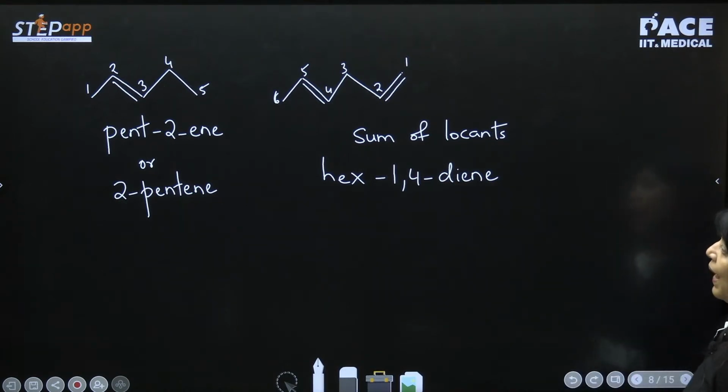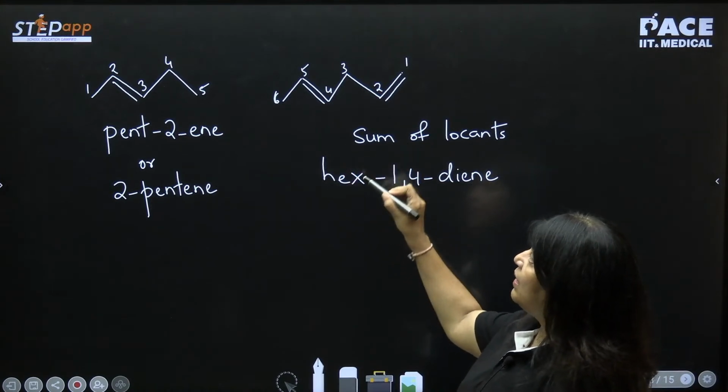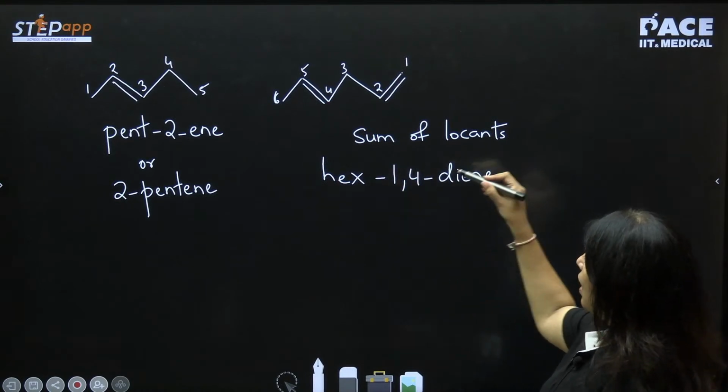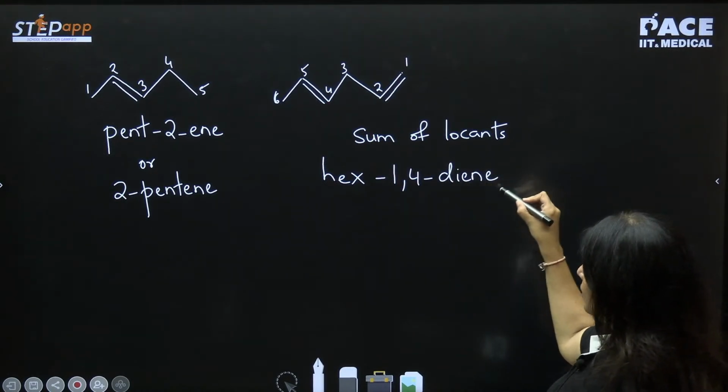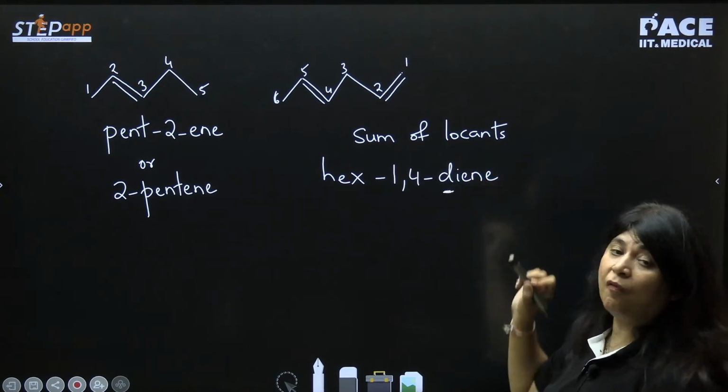Now, one more thing to be added here is, this is your root word, which is indicating the number of carbon atoms in the main chain. Root word is hex, and this is your primary suffix. This primary suffix here does not begin with a vowel.